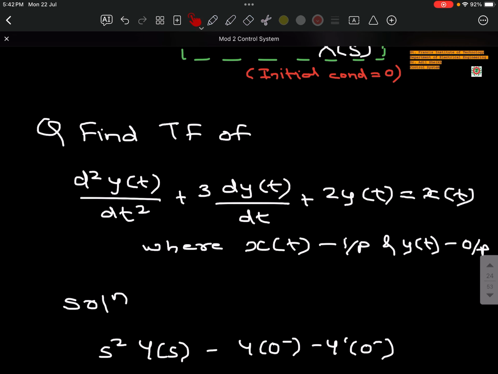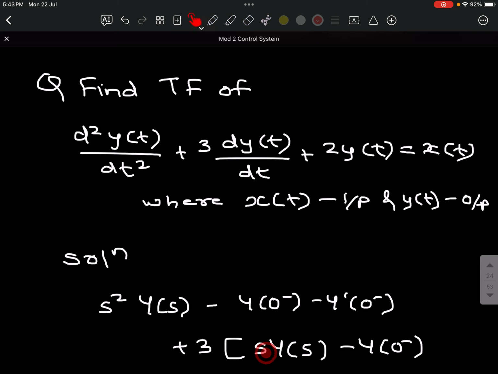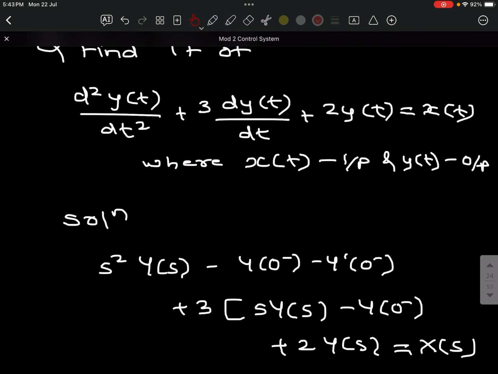It will be s square Y of s minus y of 0 minus y prime of 0. This is the Laplace transform of the derivative. Now the Laplace transform of this will be 3s Y of s minus y of 0, and this will be plain 2 Y of s is equal to X of s.